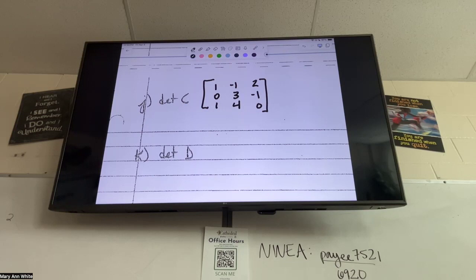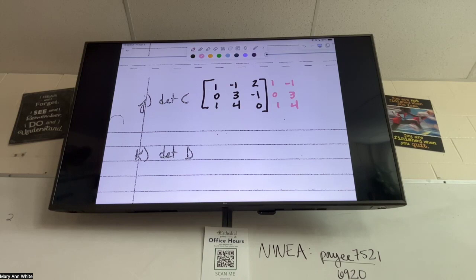Okay, when we do the shortcut for this determinant, we're gonna rewrite the first two columns at the back of our matrix. If you remember the determinants, we were multiplying along the diagonal and then minusing along the other diagonal. We're gonna do the same thing here, but we essentially need to get all of the pieces multiplied by all of the other pieces, if that makes sense.